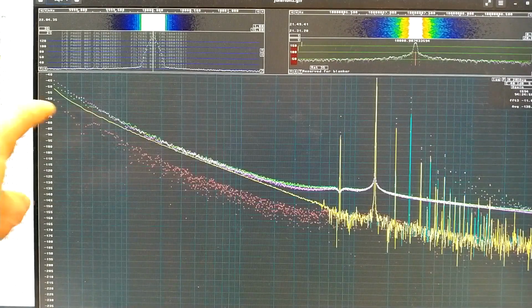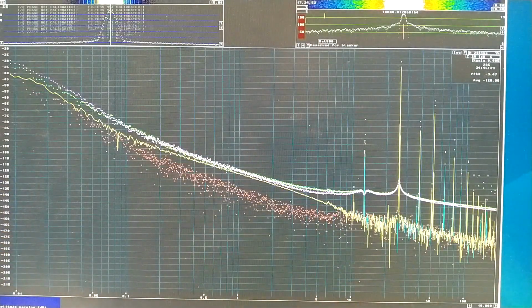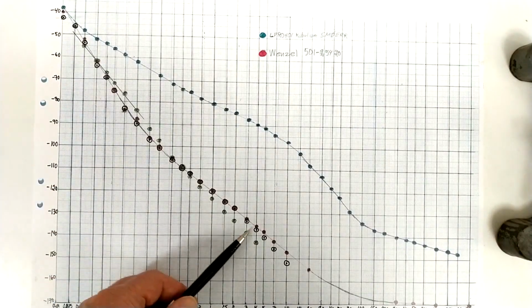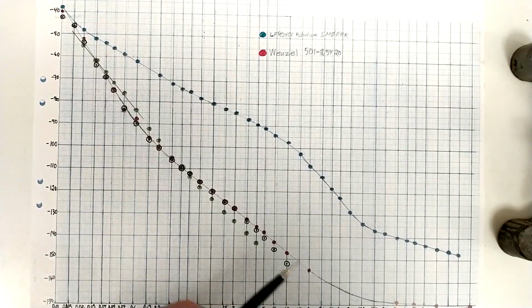It's obvious that this is a straight line, and this is curved in some funny way. The red circles here, these are the Wenzel oscillator when it's running directly into the test system.